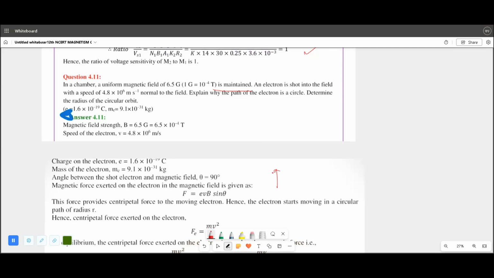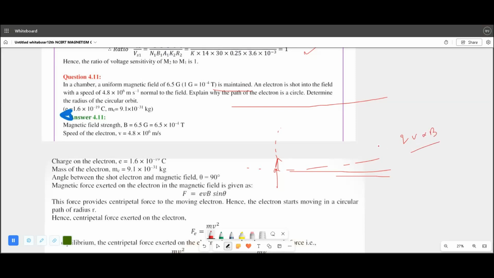So this is the electron being shot, presuming this is the chamber, right? Now we know that a force works on it, which is Q, the charge, V cross B. Presuming we are putting a positive or negative charge, we'll get into that later.